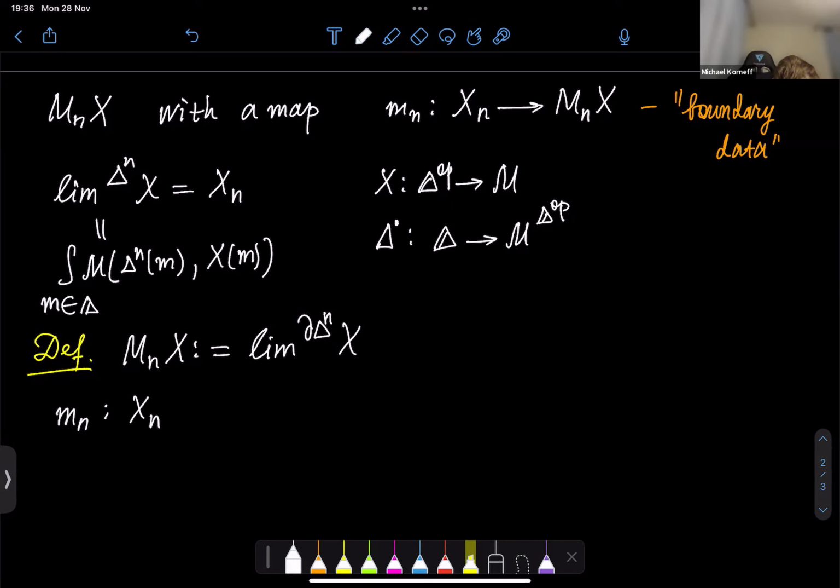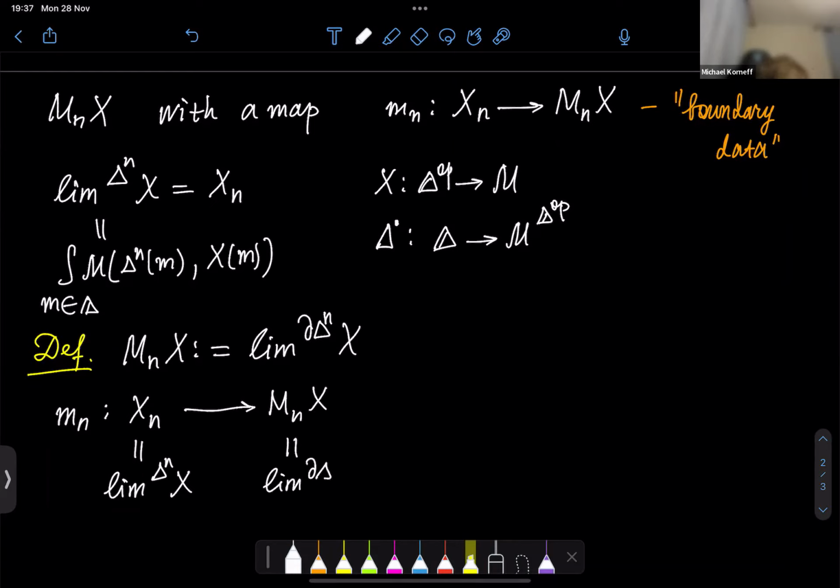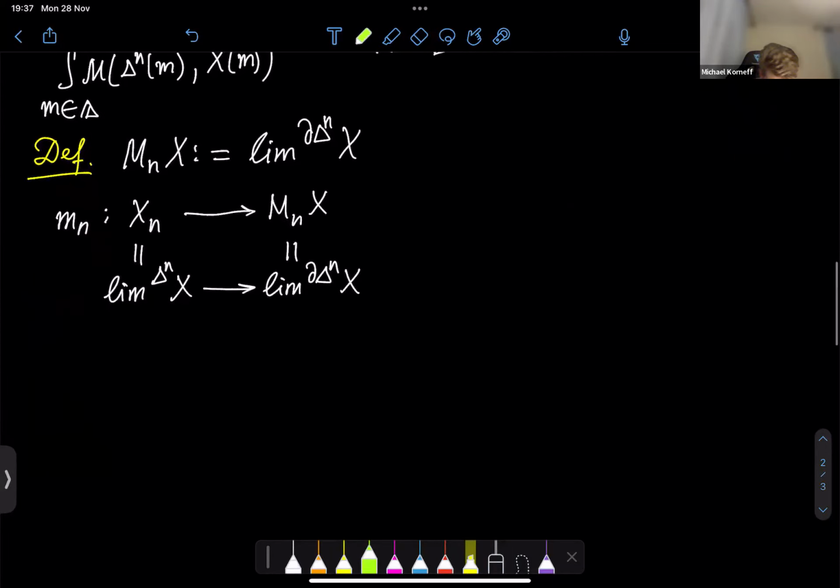We know that Xn is just such weighted limits, and by definition, matching object is just the following weighted limits, and so we have an induced arrow. So this arrow is called the matching map, and consider the following example.